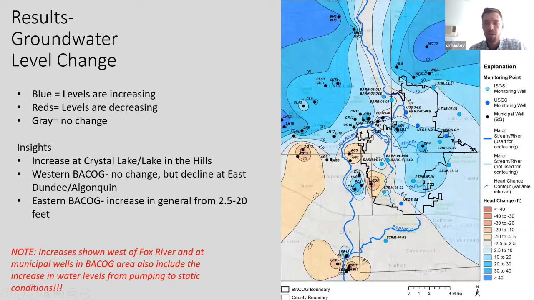And this is, I think, very telling that your static water levels through time during July are increasing, and it's not because Lake Barrington happened to turn their wells off at the time or something. I mean, this really is representative of the overall aquifer trend through time. Okay.